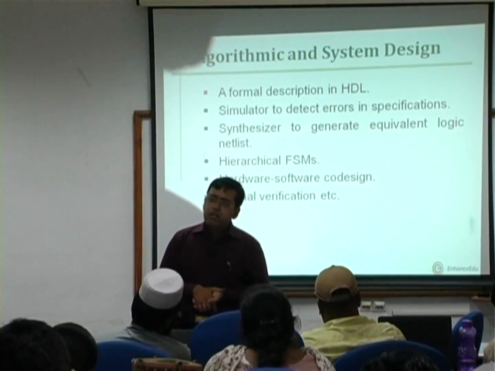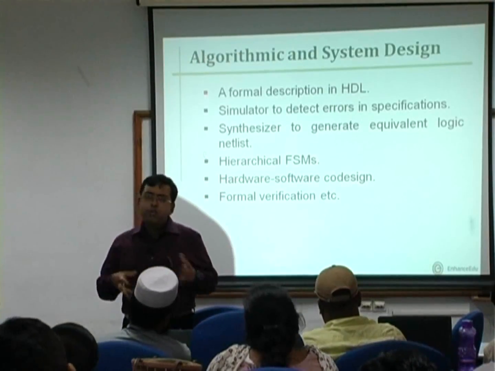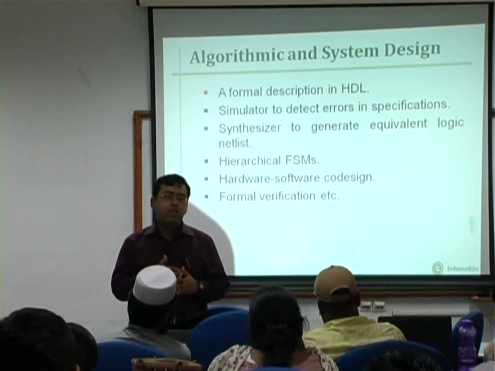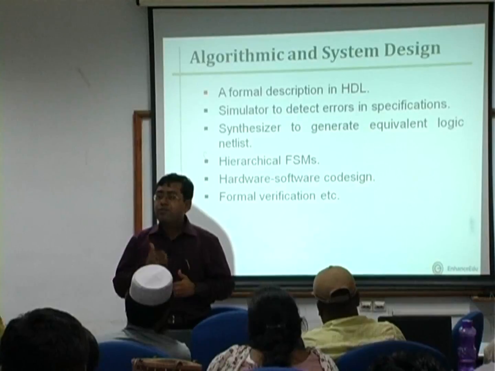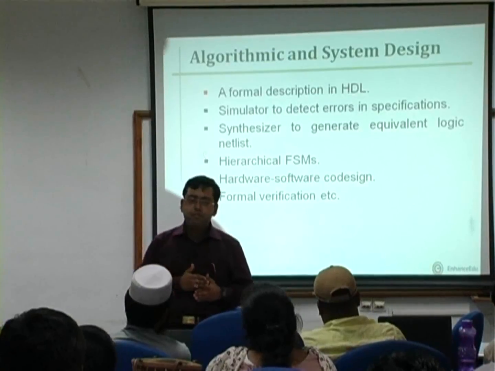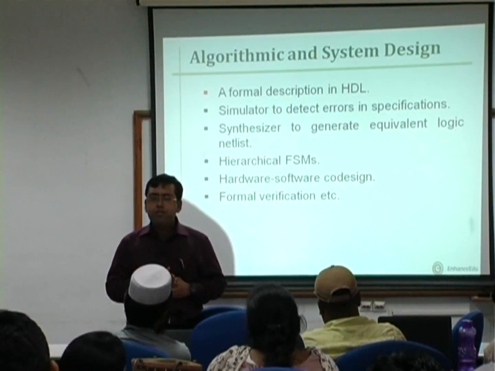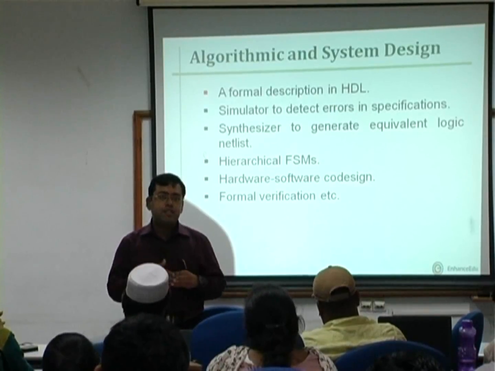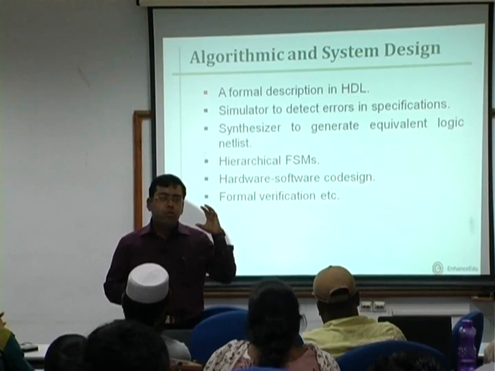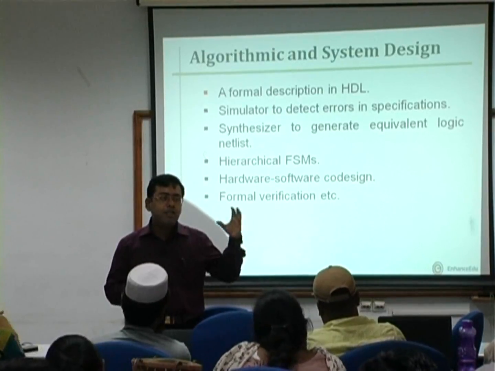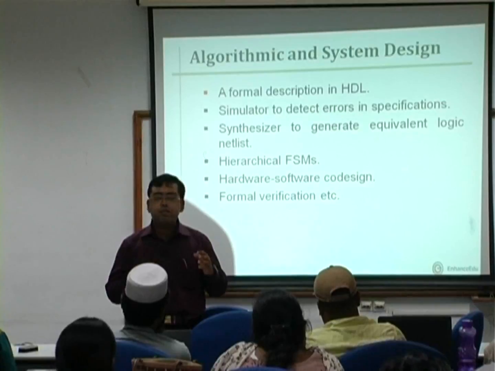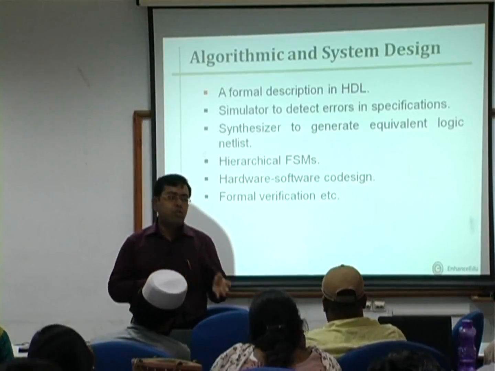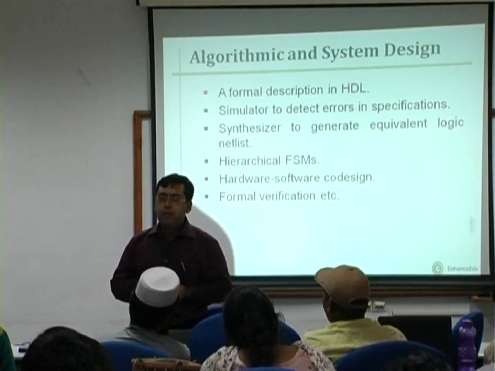Typically now when we want to bring out a product, the time frame within which we have to bring out our product is very limited, and therefore we have to figure out, in order to speed up the design processes, what are the things we shall implement in hardware, what are the things we shall implement in software, and then we can have the software talking to the hardware to get the task accomplished.